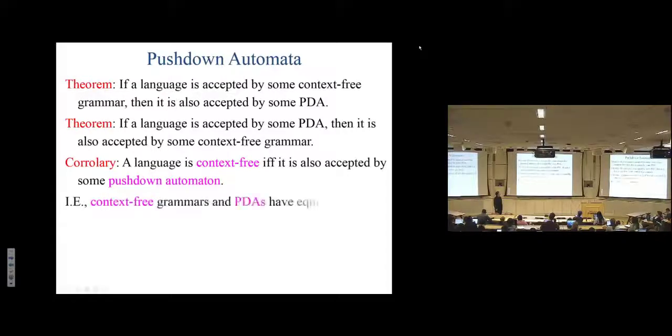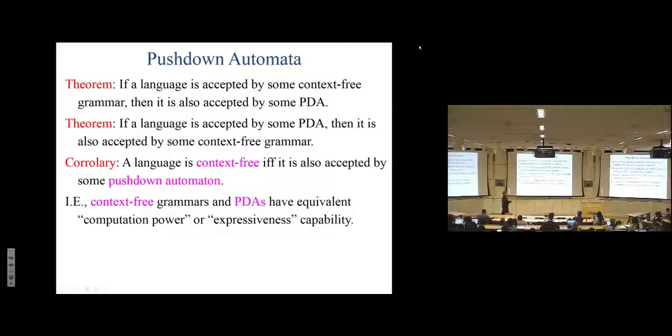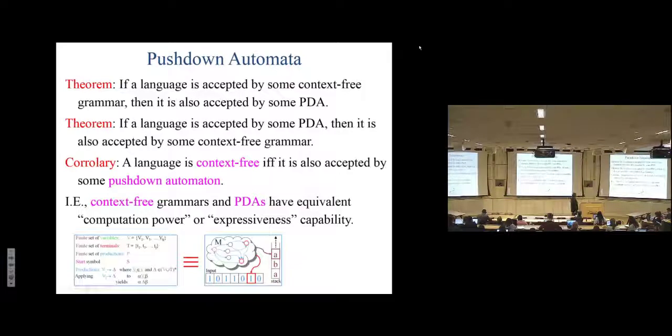So they're equivalent. Just like we had finite automata equivalent to regular languages and also to regular expressions, here the equivalence is between grammars and pushdown automata. Whenever you have one, you have the other that does the same job, and vice versa.